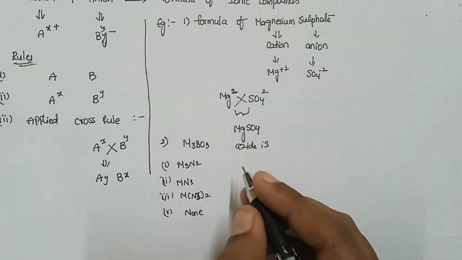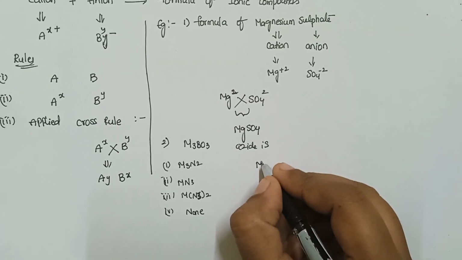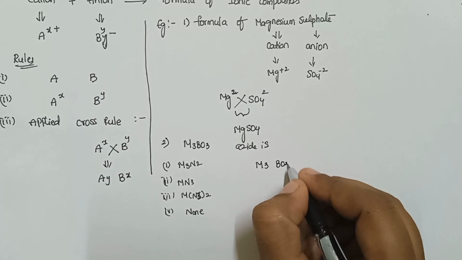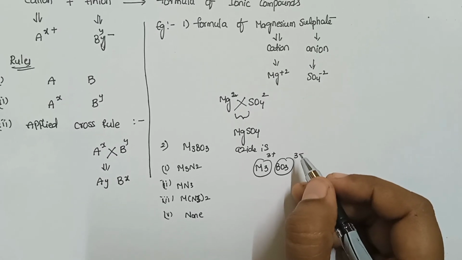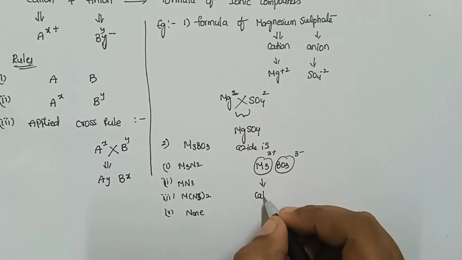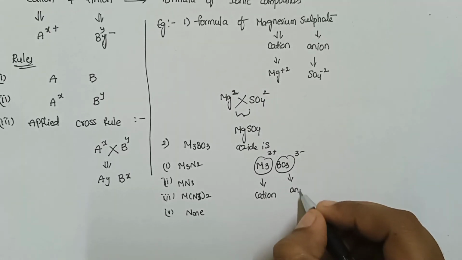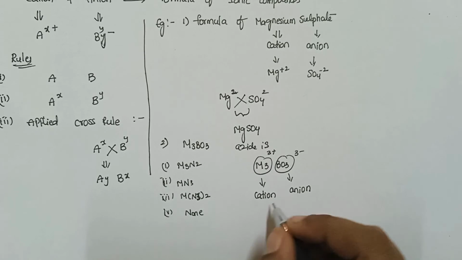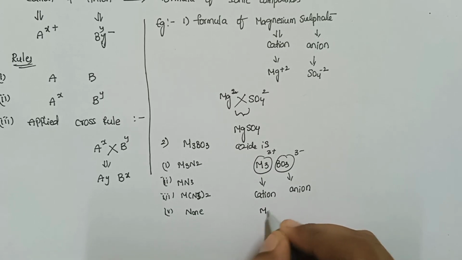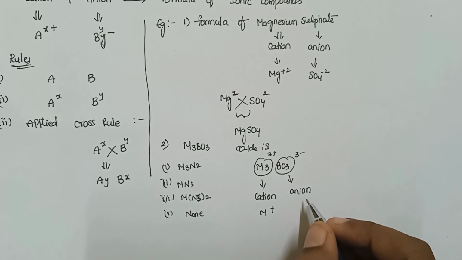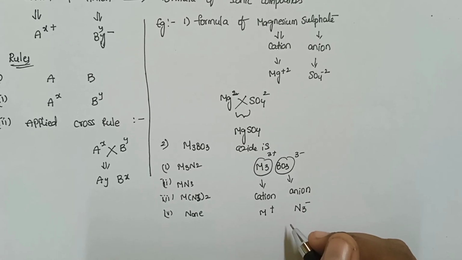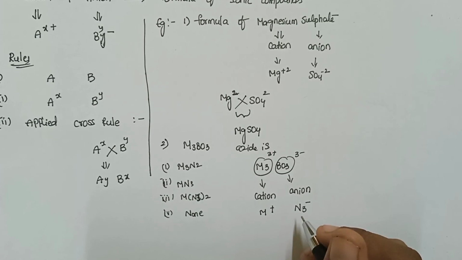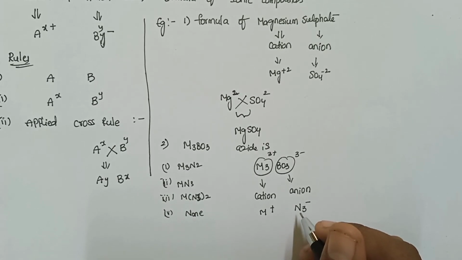So in M3BO3, it is 3 plus and 3 minus. So it is a cation and it is an anion. So cation electrovalency M plus, and the anion, borate, 3 minus.